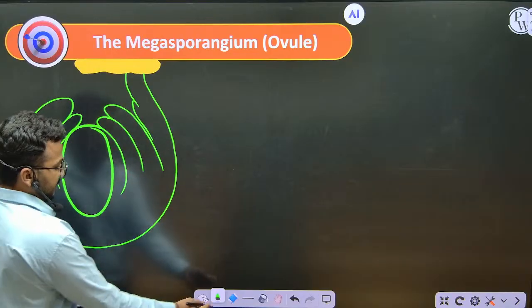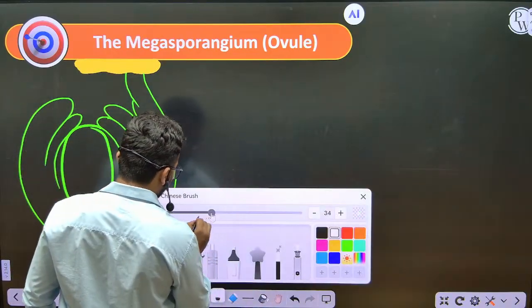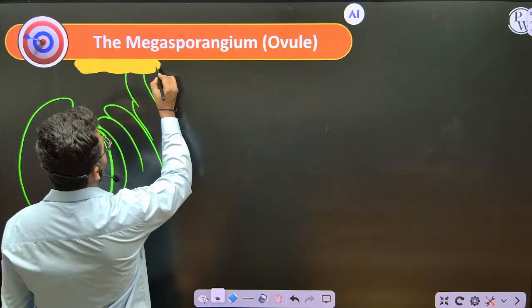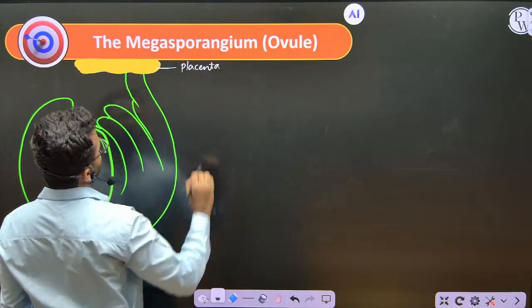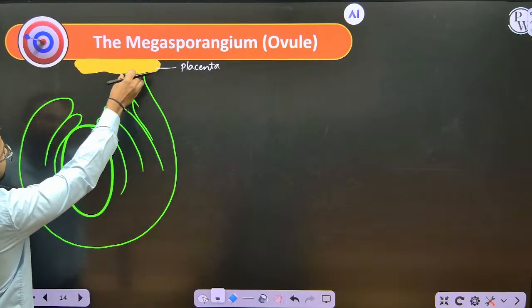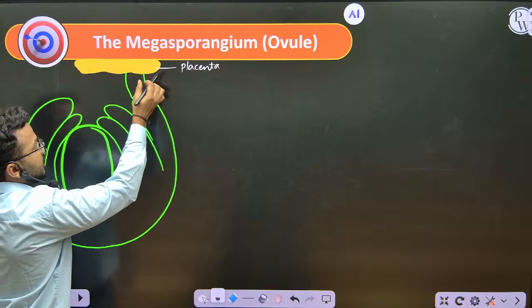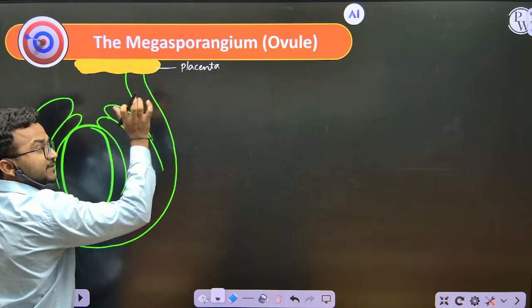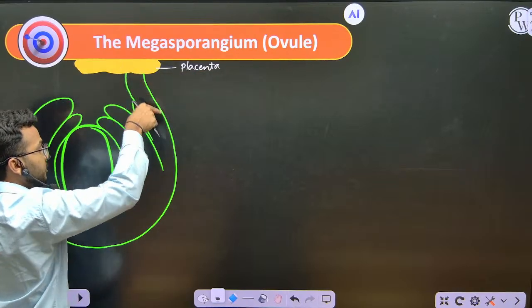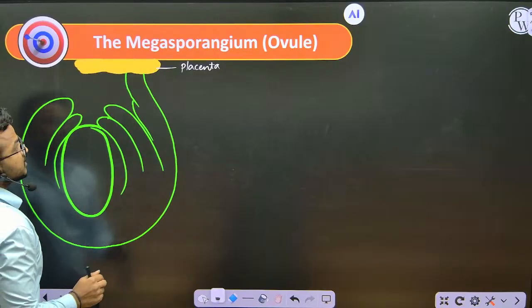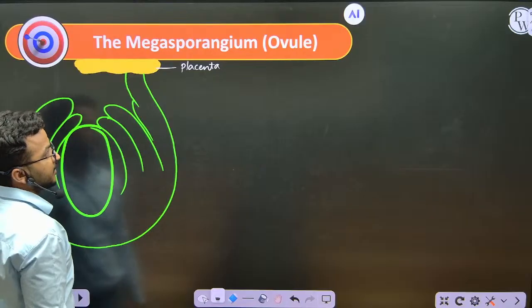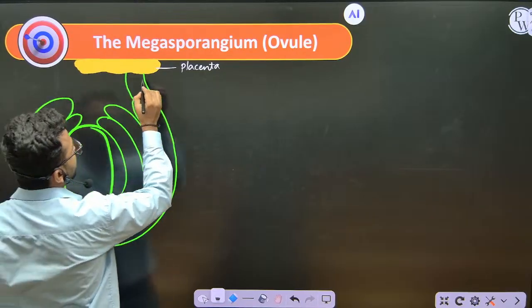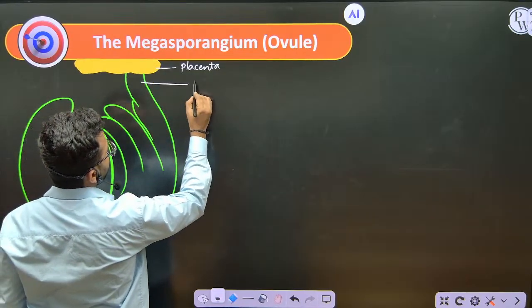Now let us label the parts of it. The first part is the placenta, the cushion-like structure, we know that. The ovule is attached to the placenta by a stalk. The stalk of the ovule we call the funicle.